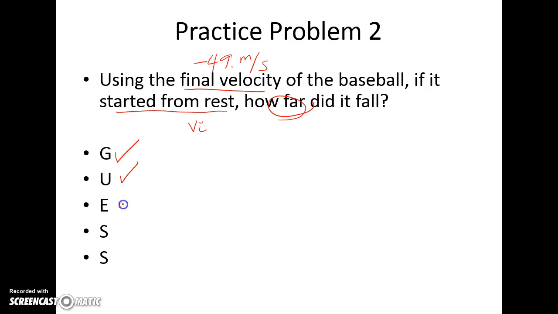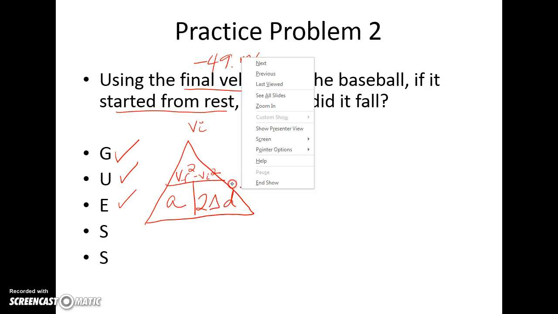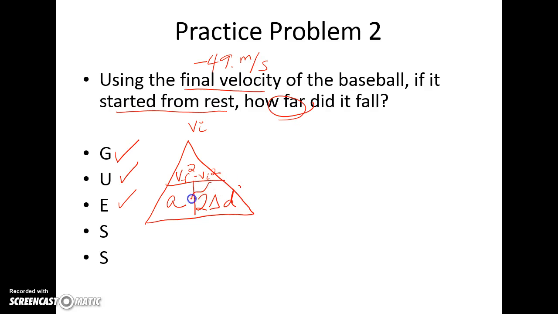Now let's write out our formula. Oh, this is the business one. We've got our acceleration with respect to displacement, so that delta D is displacement, and we have VF squared minus VI squared. I'm trying to find this time how far, so my displacement.